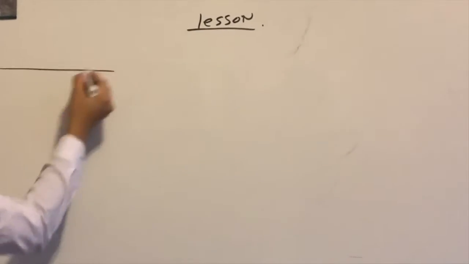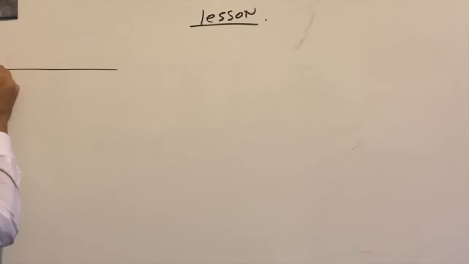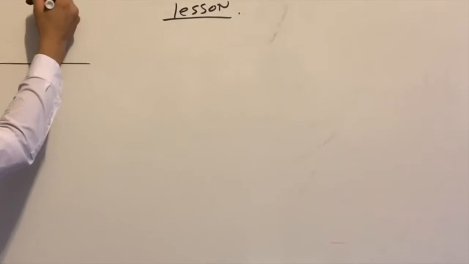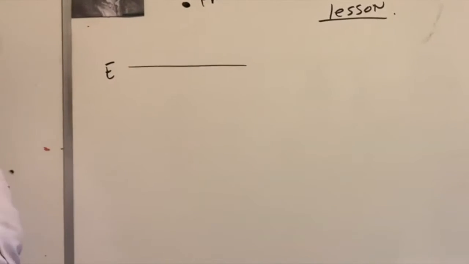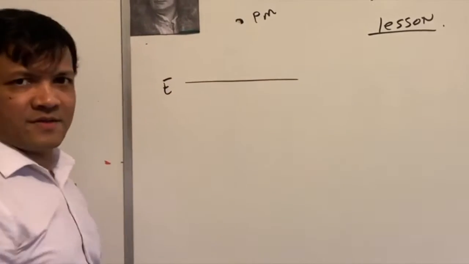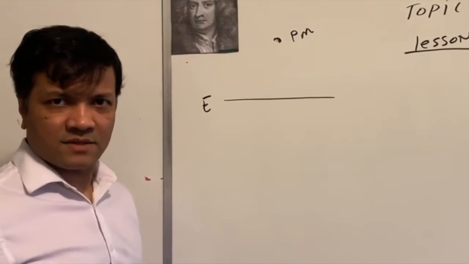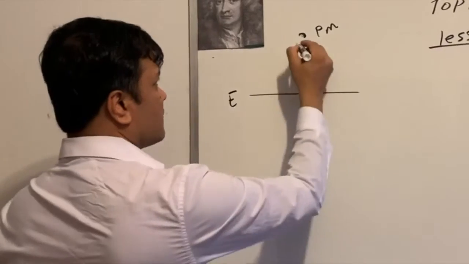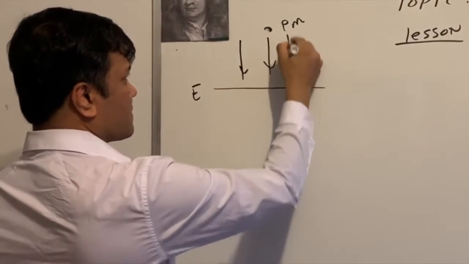Positive charge. I told you that if this is the Earth and it's a point mass, the point mass will experience some force. That's the field. That's the definition of field.